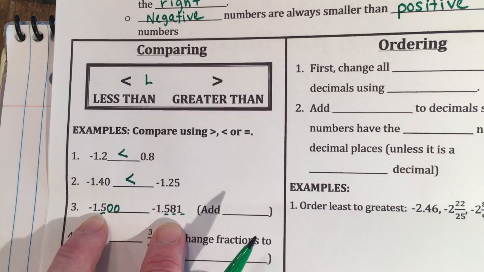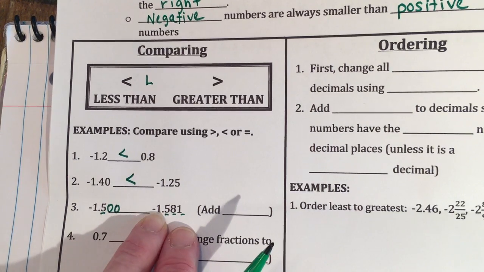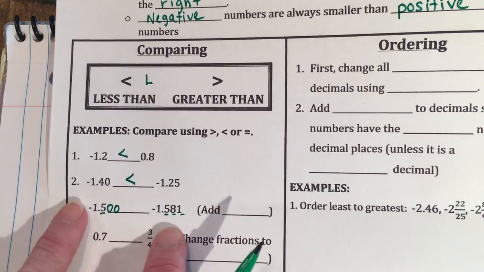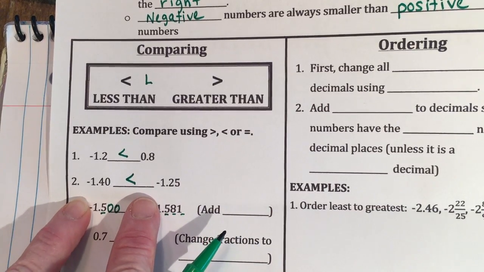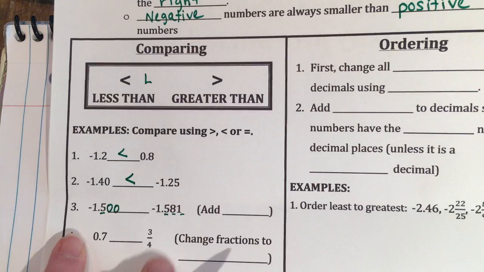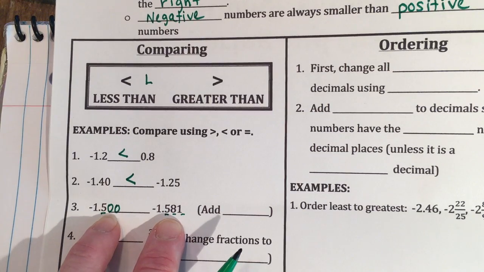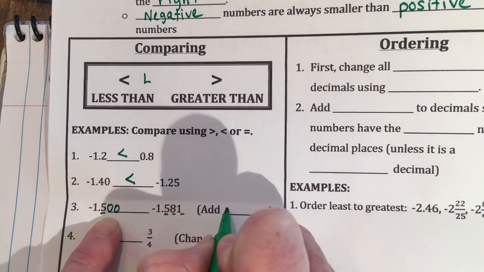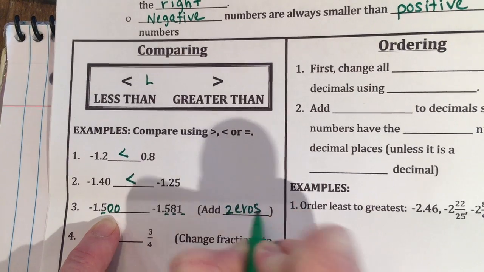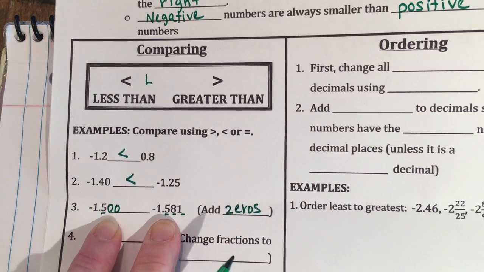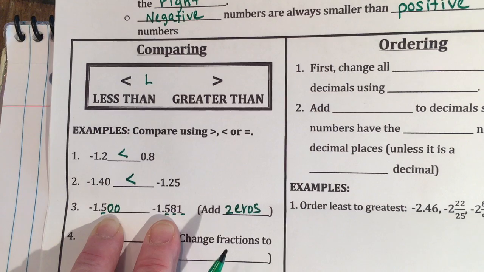So if I compare -1.500 to -1.581, well, the first number is the same, the -1 and the -1, so I don't really have to compare that. I'm looking at the 581 and the 500. Let's write down what we did. We added zeros. So which number is furthest? Remember, the smallest number is on the left.